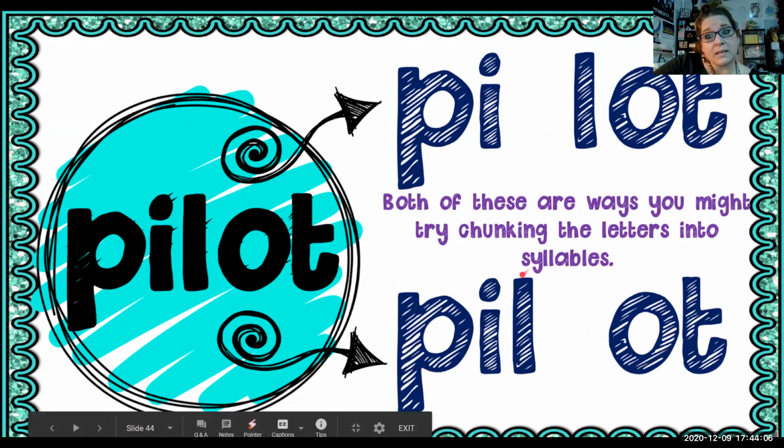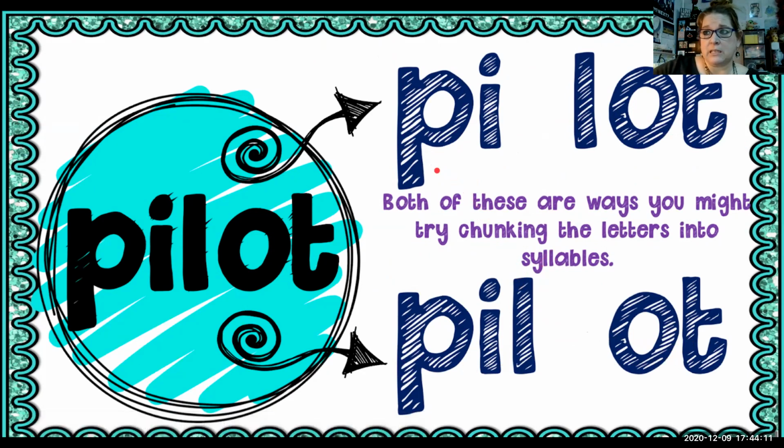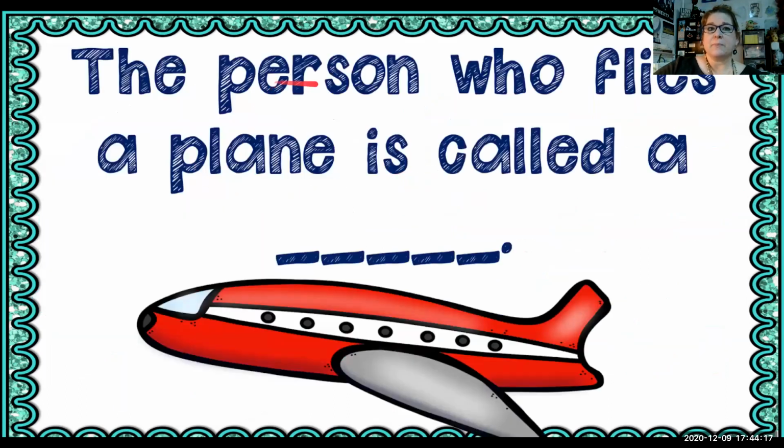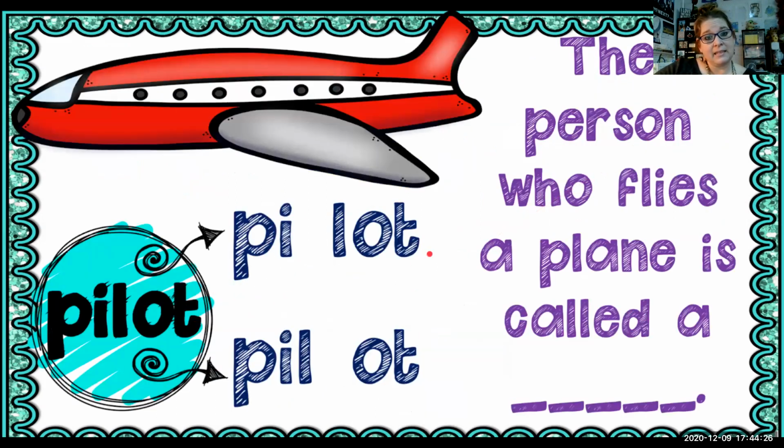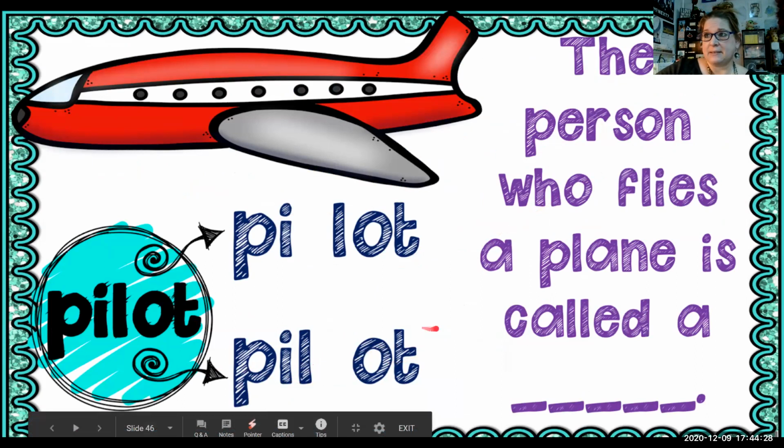Both of these are ways that people might try to chunk the word apart, but which do you think it is? Is it pilot or pillet? This is a person who flies a plane. So the person who flies a plane is called a pilot or a pilot?